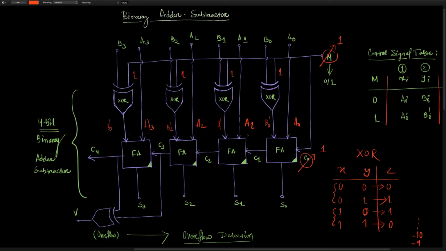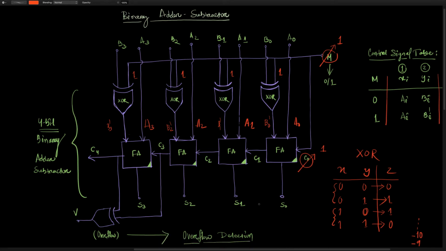We also have C0 as 1. If you take the complement of a binary number and add 1 to it, you get the 2's complement. So you add the first number and the 2's complement of the second number, and you will get the answer as is. This is normal 2's complement subtraction.